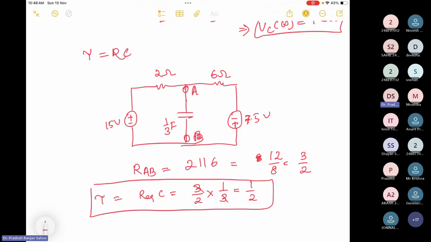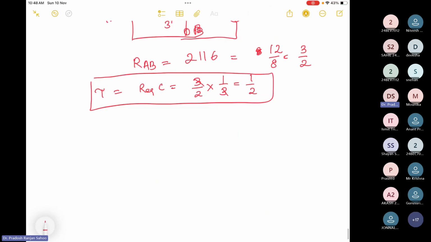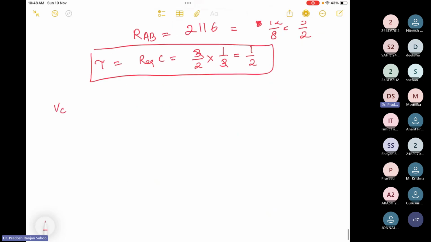Now I got all these values, so I can put here VC(t) equal to voltage across the capacitor at infinity plus the initial value of voltage across the capacitor minus the value at infinity, into e to the power minus t by tau.